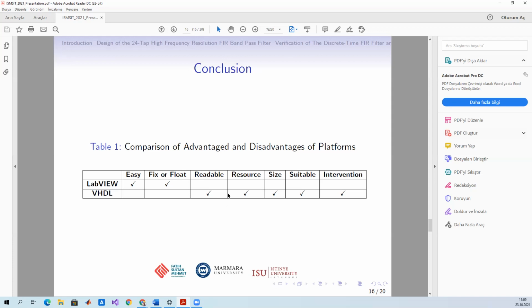But LabVIEW takes a large part of the screen, and VHDL is suitable for controlling every point of the code, but LabVIEW doesn't allow us to control the code below. So this is the conclusion of our presentation.